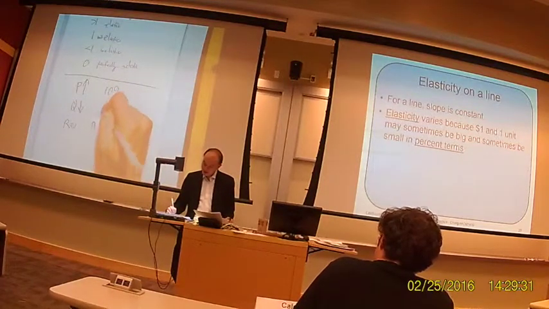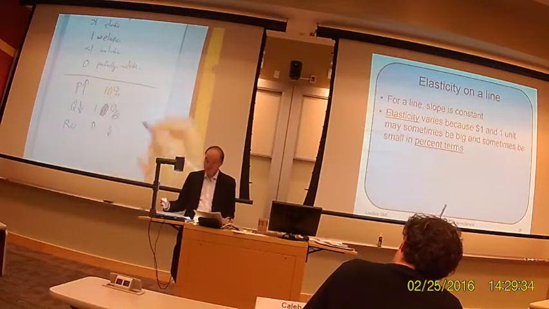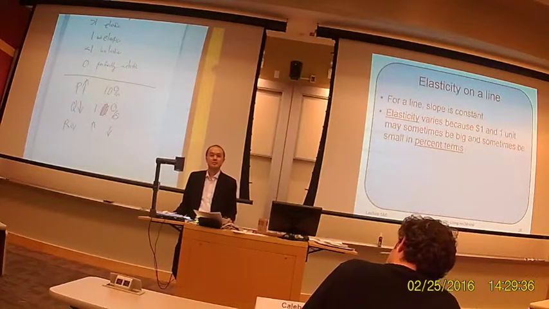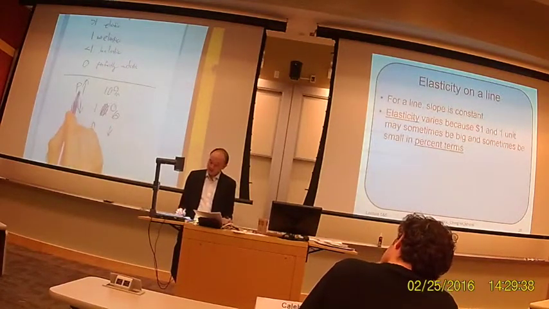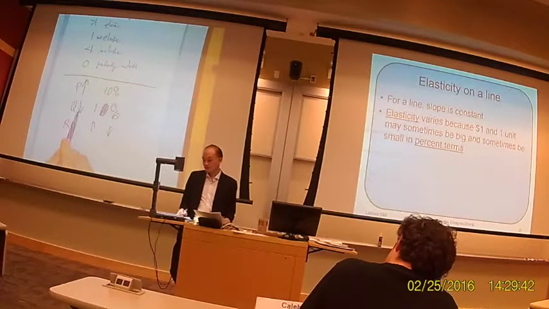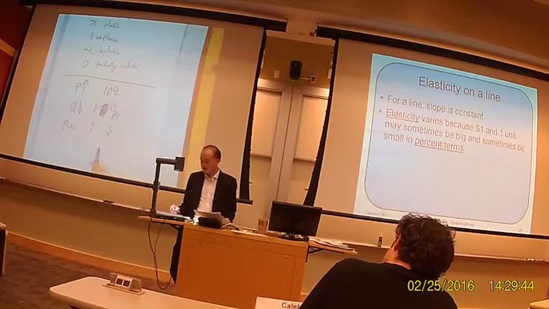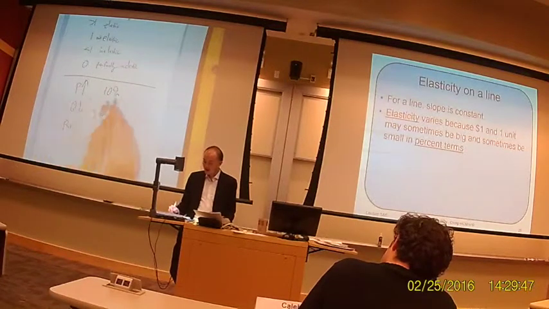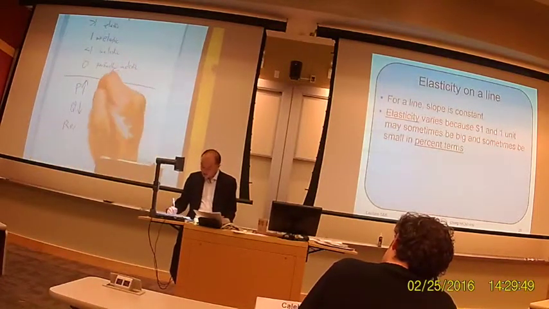Now, what if I have Q go down just 1%? So this we like. We like the price going up as a company selling goods. We don't like the quantity going down. But when it's 1%, then this is going to be higher in magnitude. So let me just write signs here.